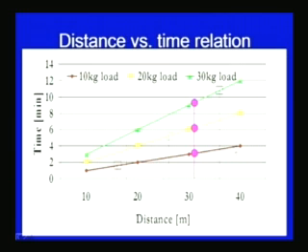Here in all these cases there is a straight line relationship, and it can also be seen that with the increase in the load the time required is also increasing, indicating increasing resistance to the movement with the increase in weight. The maximum slope is there with the 30 kg load.